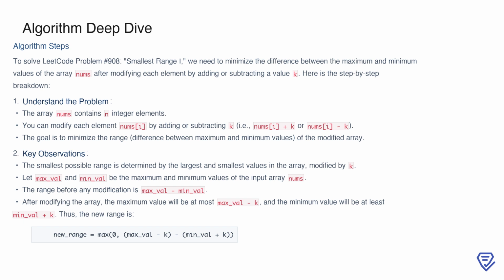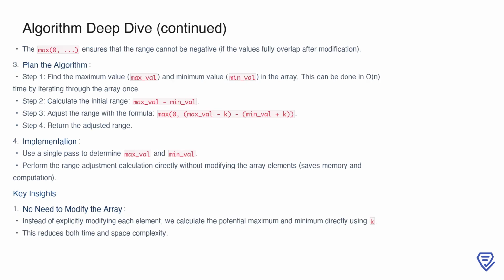This gives us the formula for the new range, max(0, max_val - k - (min_val + k)). Using max 0 ensures that the range does not go below 0, which would happen if the values overlap completely after modification. The formula captures the adjusted range after applying k to each element in the array.